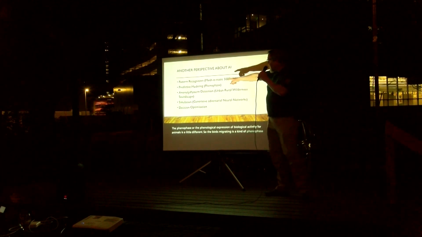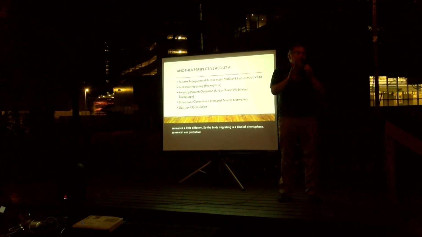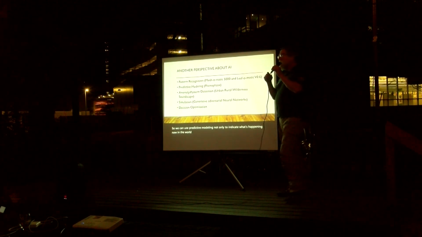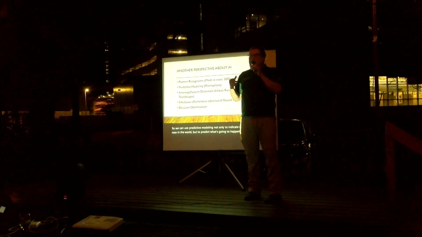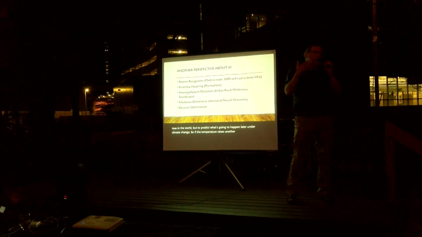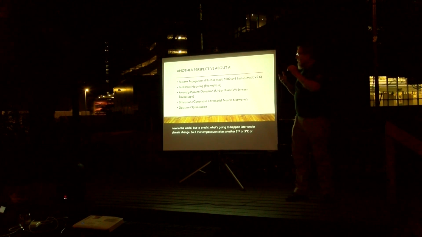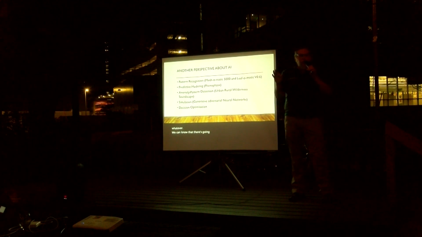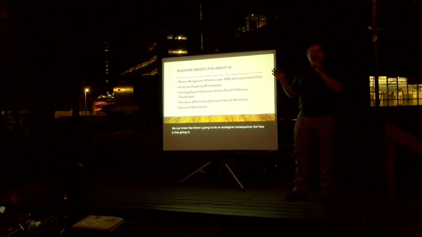So we can use predictive modeling not only to indicate what's happening now in the world, but to predict what's going to happen later under climate change. So if the temperature rises another 5 degrees Fahrenheit or 3 degrees centigrade or whatever, we know that there's going to be an ecological consequence, but how's that going to impact plants and animals?